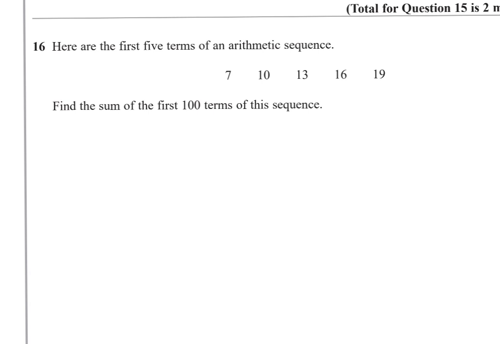Number 16. Here are the first 5 terms of an arithmetic sequence: 7, 10, 13, 16, 19. Find the sum of the first 100 terms of this sequence. In this sequence, the first term a equals 7 and the common difference is 3 because we add 3.